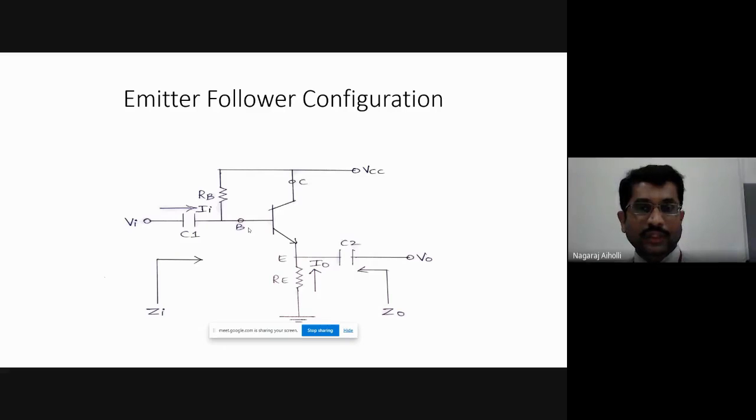The performance parameters you are finding for the circuits in AC analysis, you are finding them from the re model. Similarly here, we are using the approximate hybrid equivalent circuit, and we are finding the performance parameters. So it is necessary that we draw the main circuit, draw the approximate hybrid equivalent circuit, and then derive the performance parameters. They will be asking for maybe 8 marks or 6 marks.